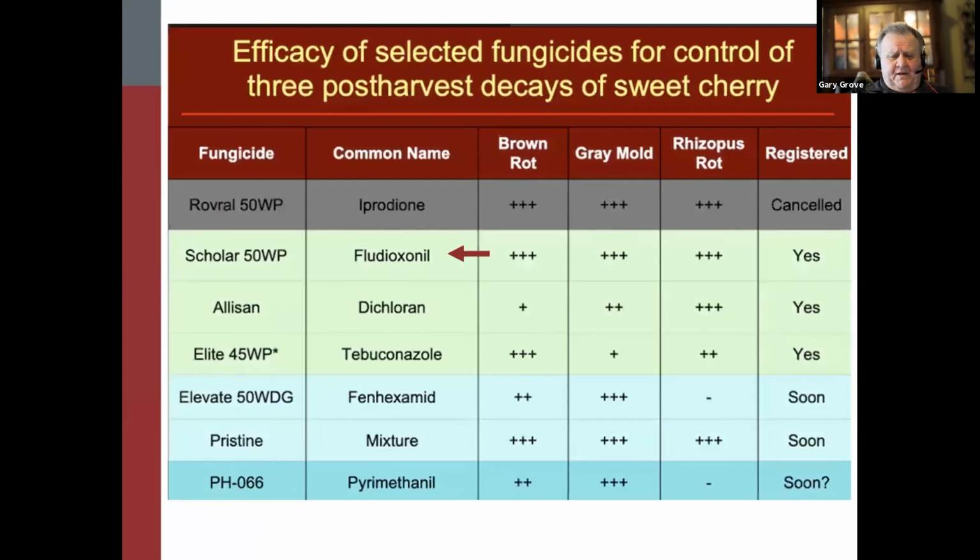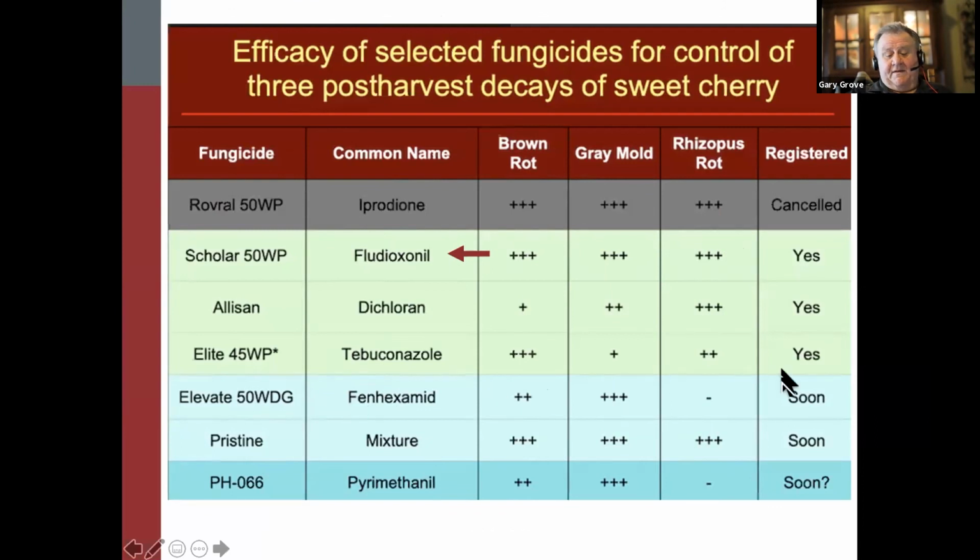And they're relatively effective. If you look down here, and this again comes out of California, Pristine gets 3 stars on brown rot, gray mold, and rhizopus, as does the fludioxonil or Scholar. And the fenhexamide gets a 3 for gray mold and 2 for brown rot.